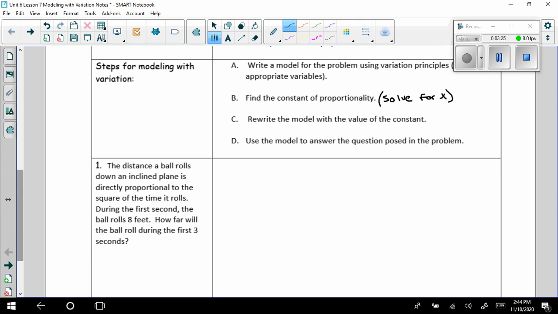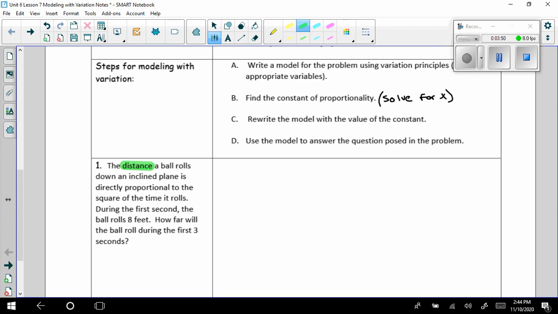So the distance a ball rolls down an inclined plane is directly proportional to the square of the time it rolls. During the first second, the ball rolls 8 feet. How far will the ball roll the first 3 seconds? And so a couple key things here. The first thing we're talking about is the distance the ball rolls, right?